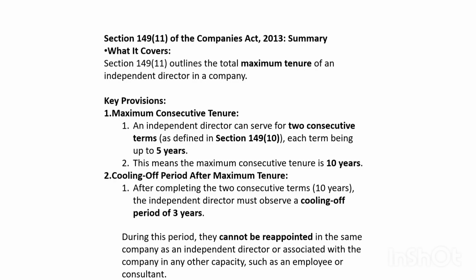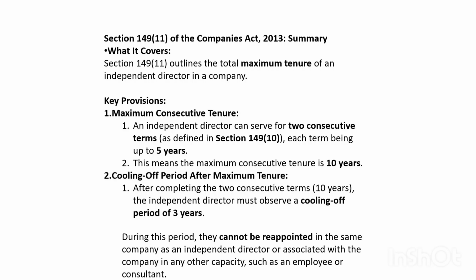Section 149(11) talks about the total maximum tenure of an independent director in a company. An independent director can serve for 2 consecutive terms according to section 149(10), each term being up to 5 years. This means the maximum consecutive tenure is 10 years.